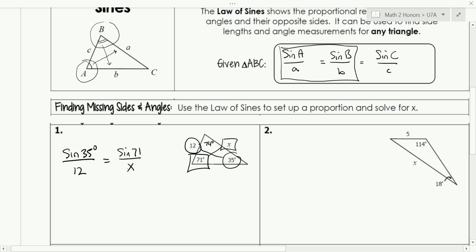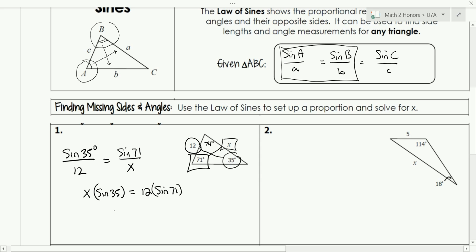And once you get that, it's super quick to write that. It's quicker than what we've been doing before, because before we had to write another triangle that it's similar to, and this is even less work. So then you cross multiply. X times the sine of 35 is 12 times the sine of 71.